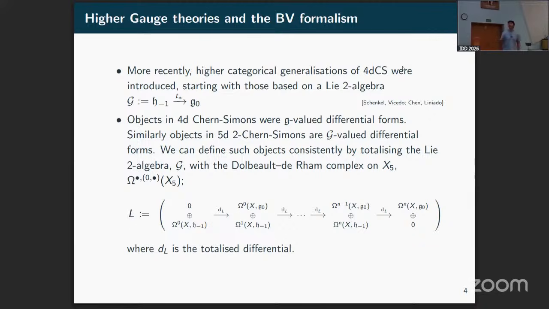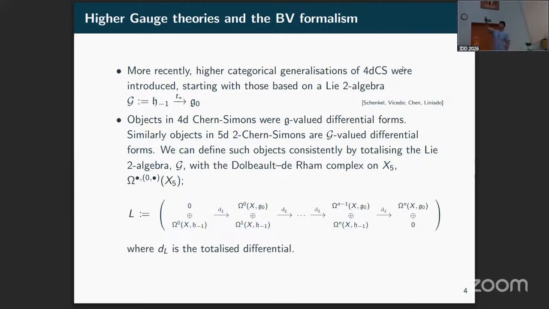Much in the same way that in 4D Chern-Simons theory, the main protagonist of that theory was a G-valued one-form, and it had gauge transformations, which you could think of as G-valued 0-forms infinitesimally. In 5D Chern-Simons theory, we actually have this crazy notion of doing 2-group or 2-algebra valued differential forms.